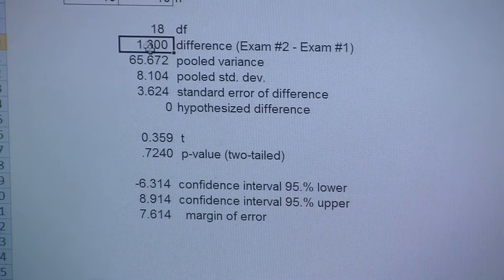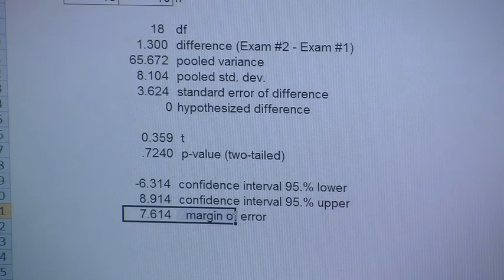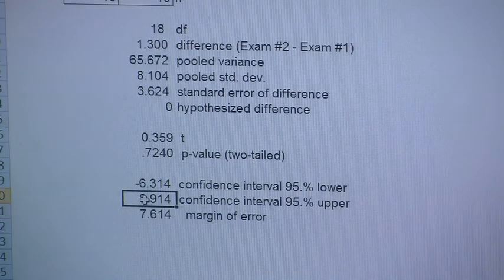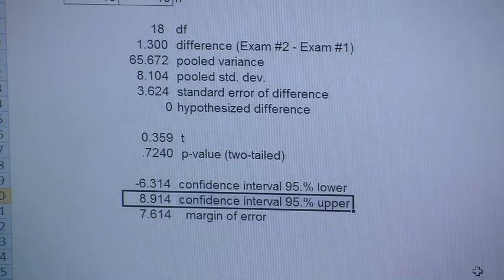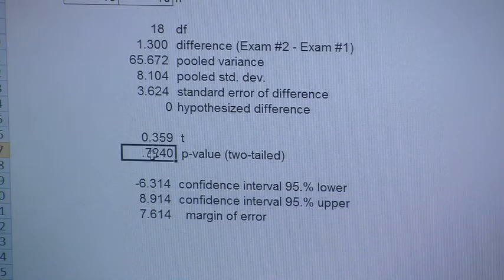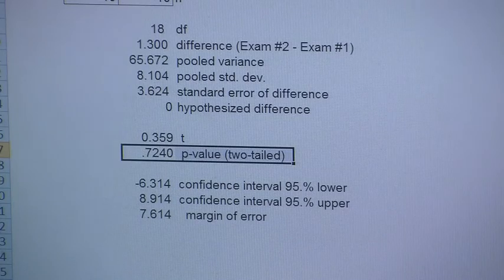If we add 1.3, our point estimate, to our margin of error, 7.614, that gives us the upper bound of our 95% confidence interval, 8.914. So again, we failed to reject the null hypothesis because of the large p-value.